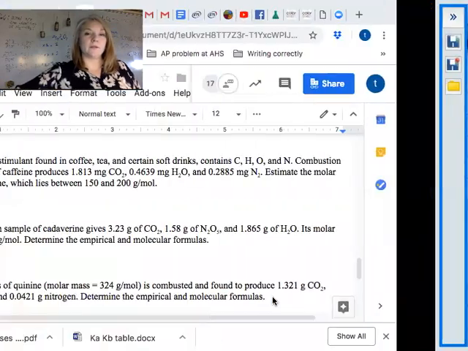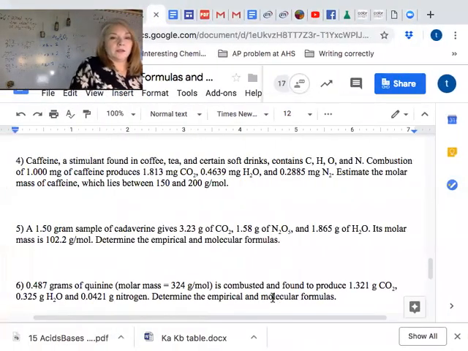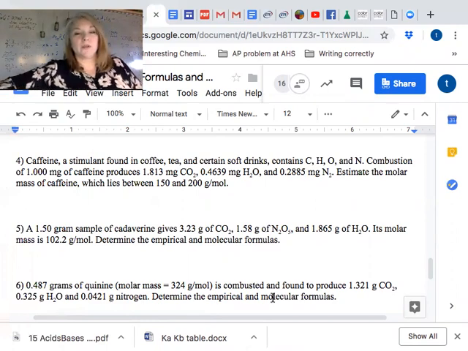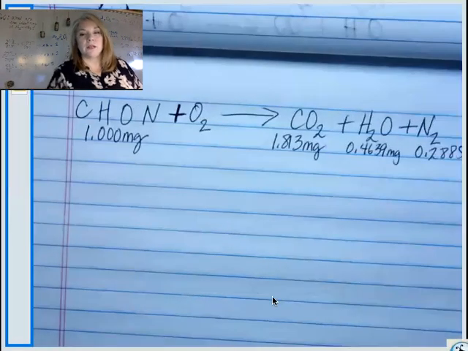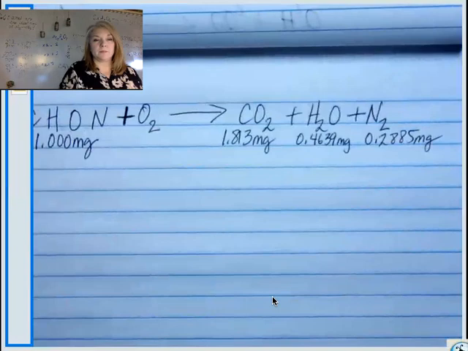The carbon dioxide is 1.813 milligrams. Water is 0.4639 milligrams. And nitrogen is 0.2885 milligrams. Let me scoot this over so if you didn't catch all those numbers, you can get those down.